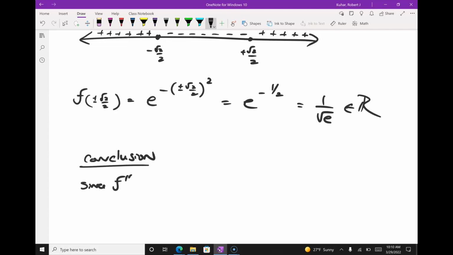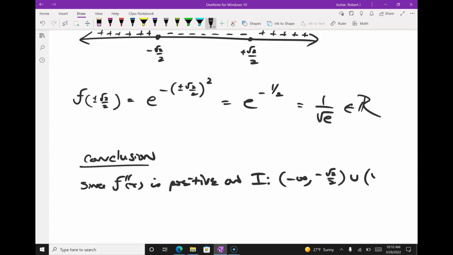Since f double prime of x is positive on the interval from minus infinity to minus rad 2 over 2 union rad 2 over 2 to infinity. Always open intervals, by the way. Always open intervals. I don't know if I had stated that correctly last time, but I only want open intervals.